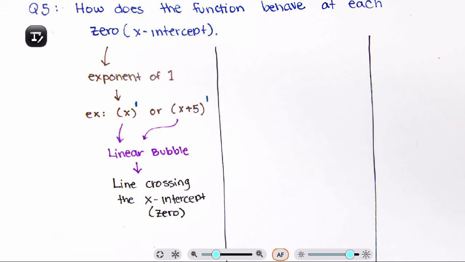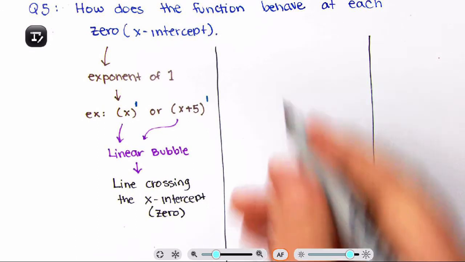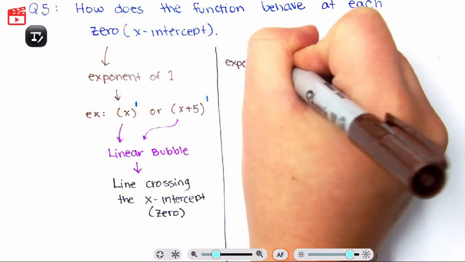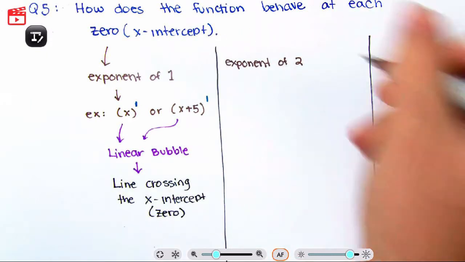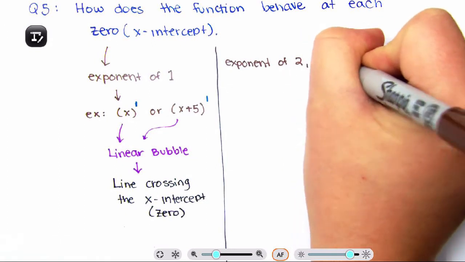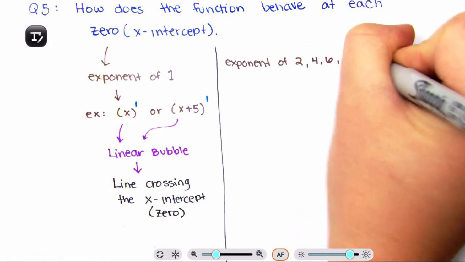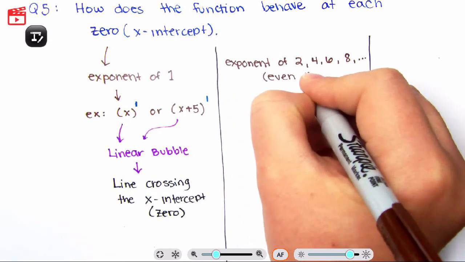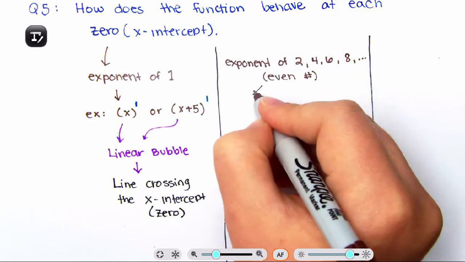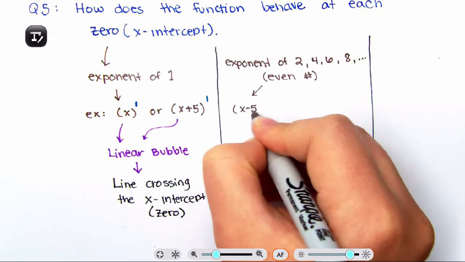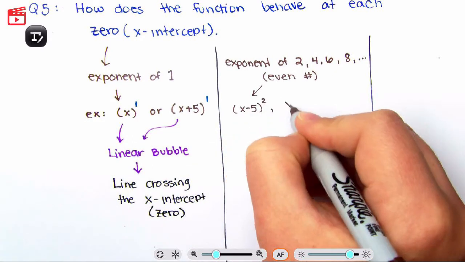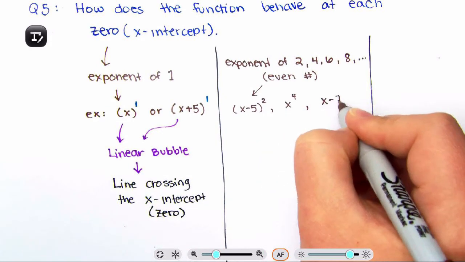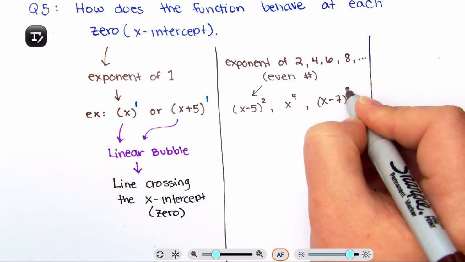Now, let's say you don't have an exponent of 1. Let's say you have an exponent of 2, or 4, or 6, or 8, etc. It is an even number in your exponent. For example, x minus 5 squared, x to the 4th power, x minus 7 to the 8th power.